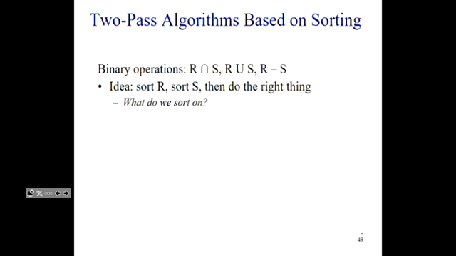So the first question is, what would we sort on? What would it make sense for us to sort on in this case? So in the duplicate elimination case, we sorted on the entire tuple. For the grouping case, we sorted on the grouping attributes. In this case, what would we sort on?